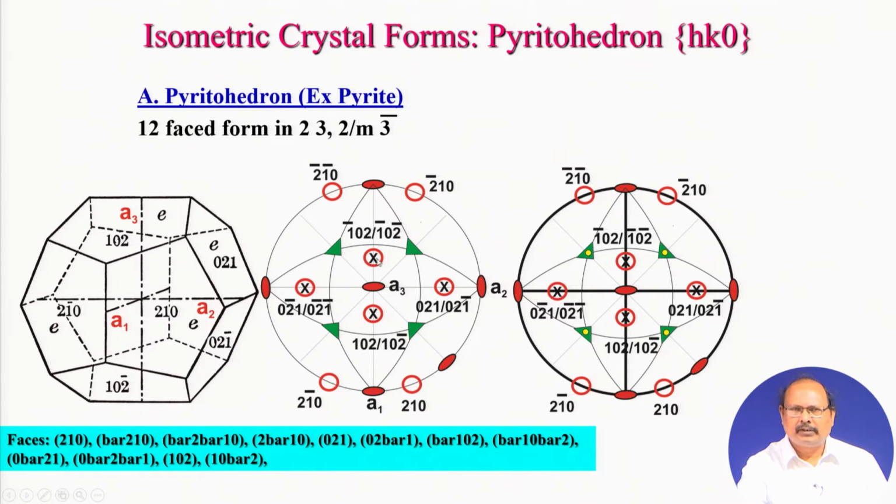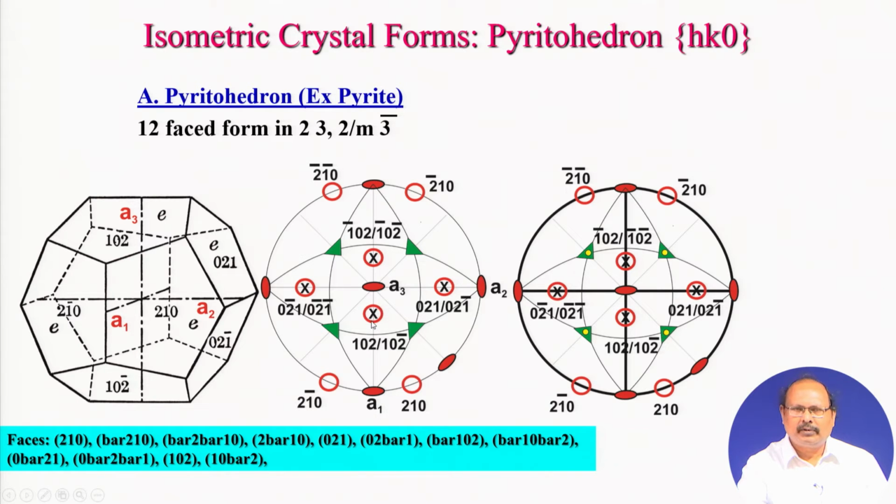The cross symbol refers to a crystal face which intersects the negative direction of the A3 axis.